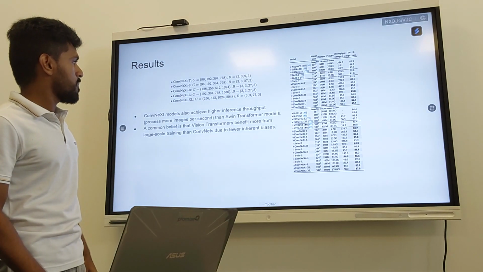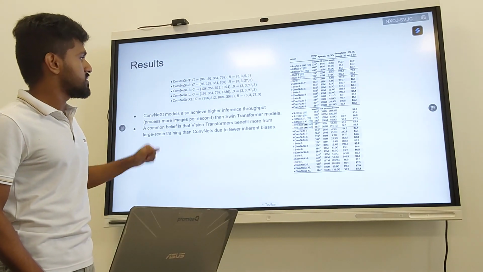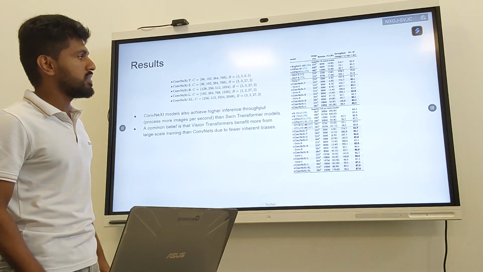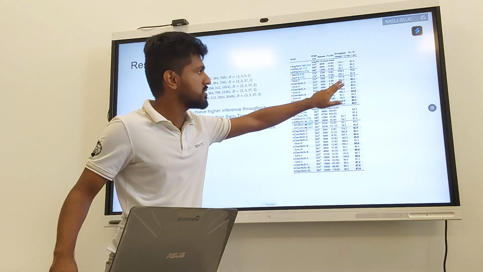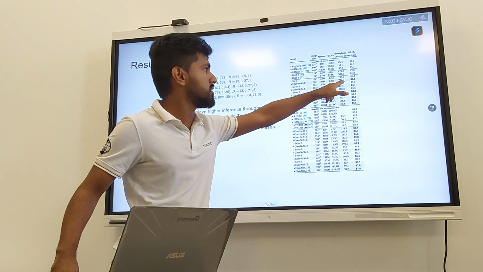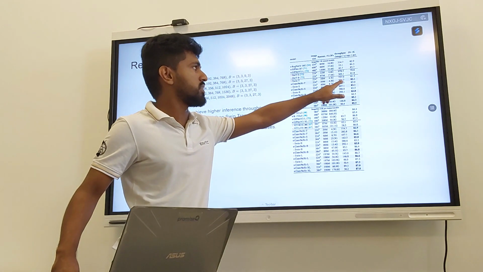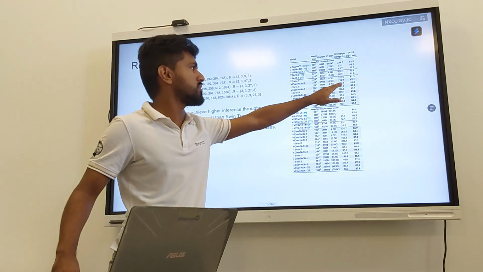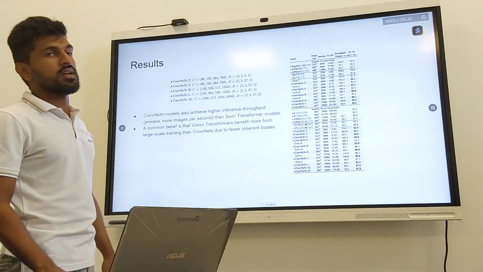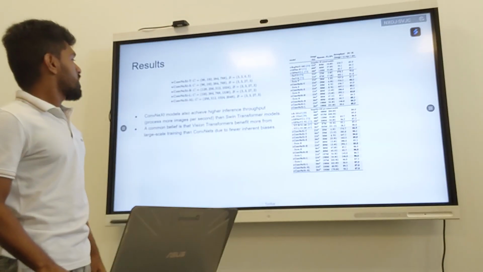Another point is that they have higher inference throughput than the Swin transformers, so inferencing is much easier than with the Swin transformers.